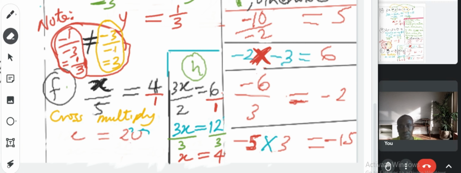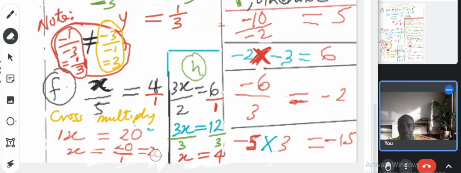Alright, sorry. I can just say x equal to 4 here. If you like, you could have called this one x times 1 as 1x. Or you simply say x equal to 4 without having to go through all that.